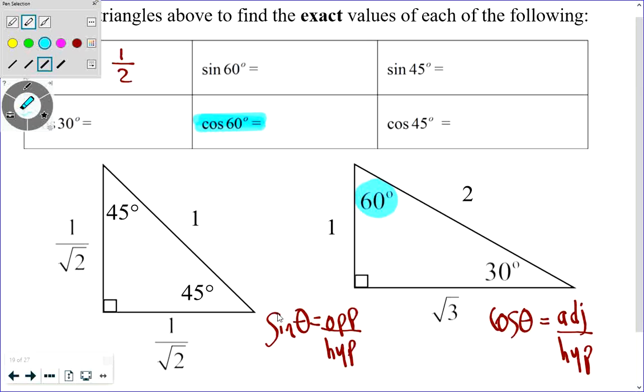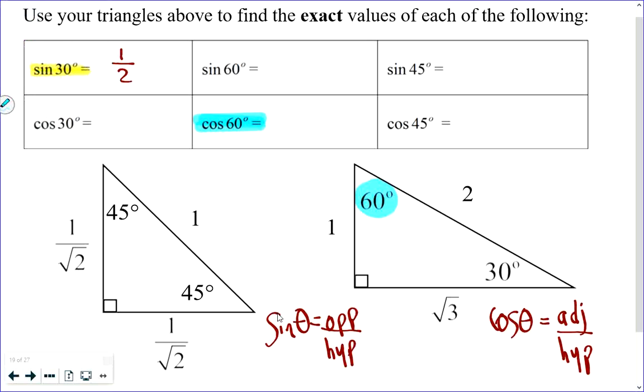We're also looking at cosine, which means we're talking about adjacent over hypotenuse. What's the adjacent side to the 60 degrees? Well, it's 1. This is the adjacent side. And this is the hypotenuse. So cosine of 60 is 1 over 2.